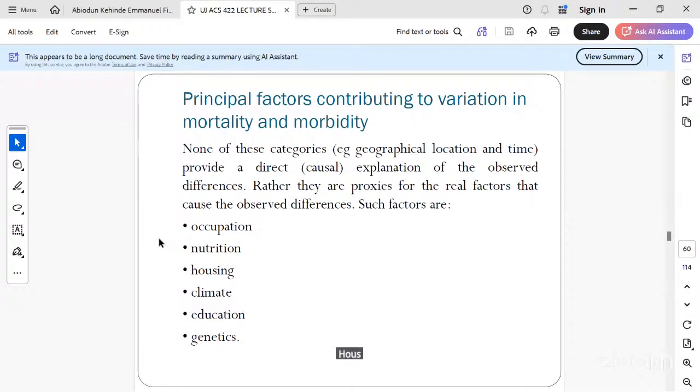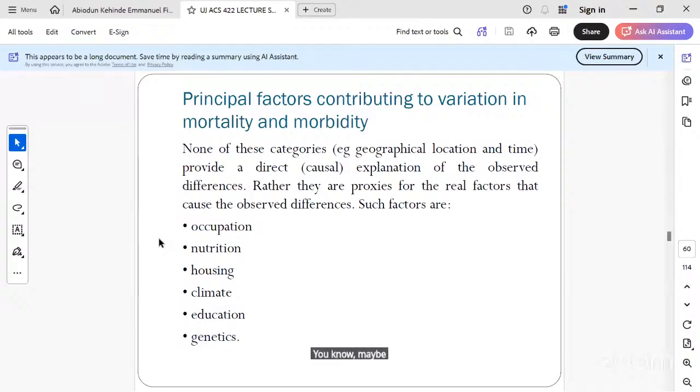Housing is also a major factor. Can you imagine living in a house that is not properly ventilated? Everywhere is stuffy. If there is an outbreak of any airborne disease, the possibility of it spreading in the house is very high because the housing system was not good. Or you have your house where the environment is very filthy.